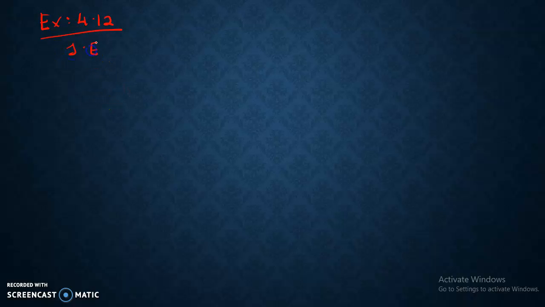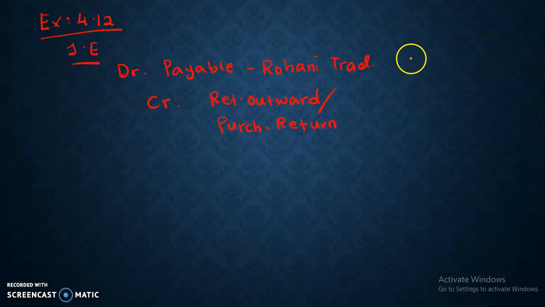So the journal entry will be debit payable Rohani and credit return outwards account or purchase return account. Amount will be 100 ringgit.